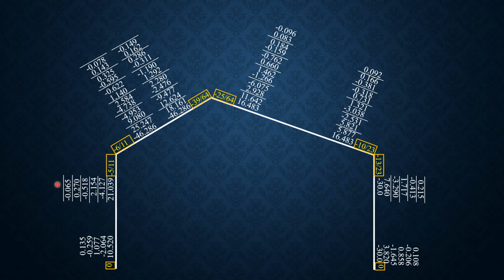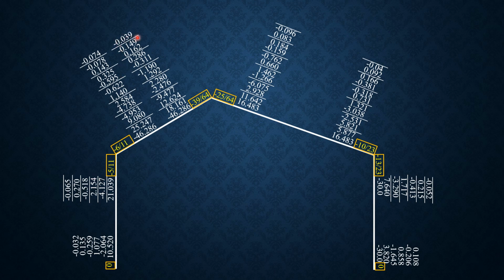Then carry over 0 here, half of negative 0.065, half of negative 0.149, half of negative 0.078, half of negative 0.04, half of negative 0.096, 0 here, half of negative 0.052. So negative 0.074 times negative 6 over 11, 0.04 final lakh. Negative 0.074 times negative 5 over 11, 0.034 final lakh.